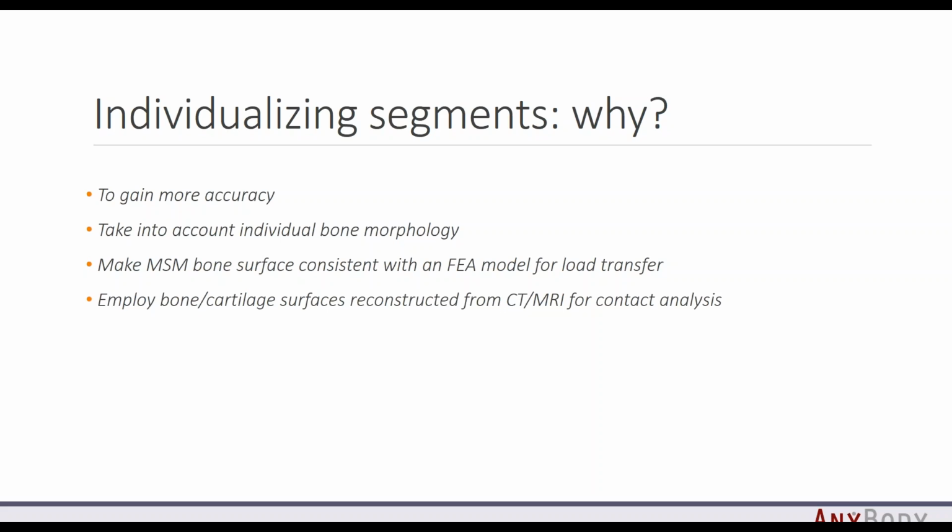And we can also make a musculoskeletal bone surface consistent with a finite element model, and we can use that for further load transfer when we decide to go into multi-scale modeling mode. We can also employ bone and cartilage surfaces reconstructed from CT and MRI scans for contact analysis. Because of that, this is quite important, and we do it quite often.